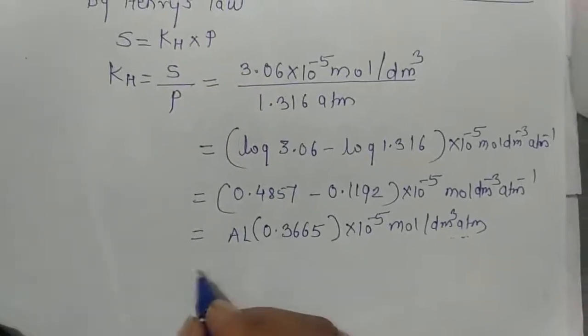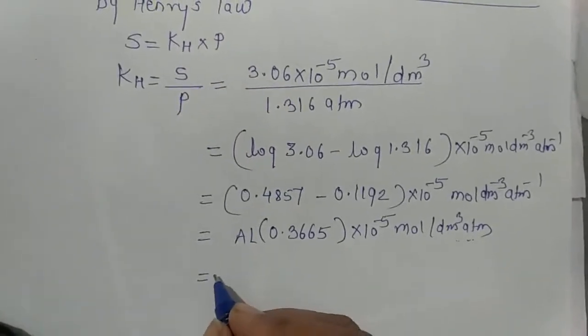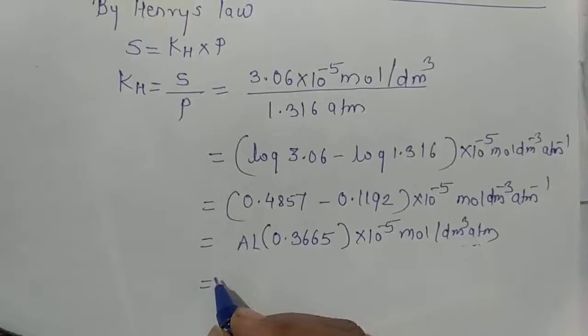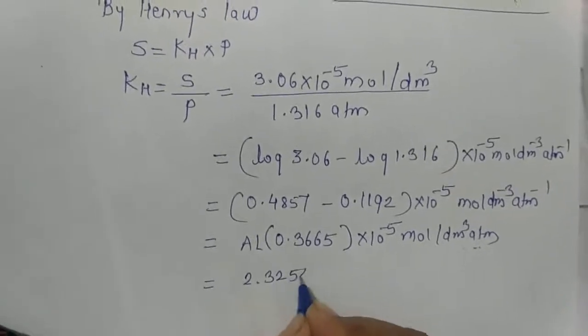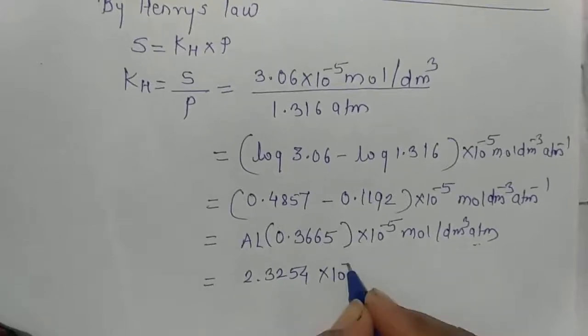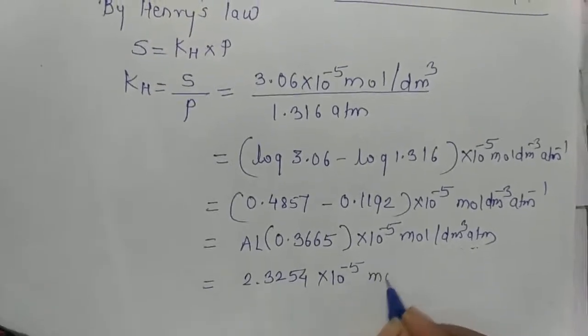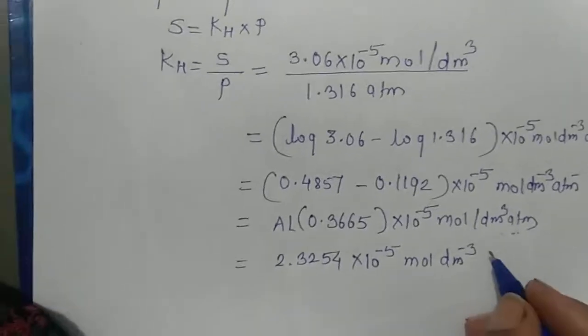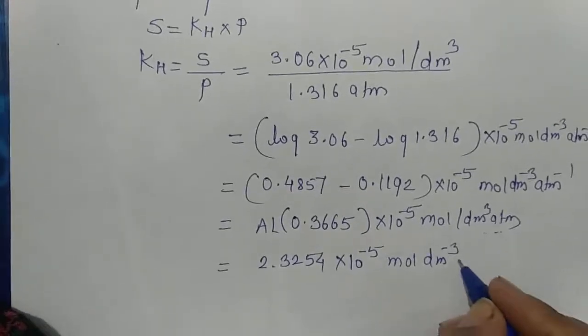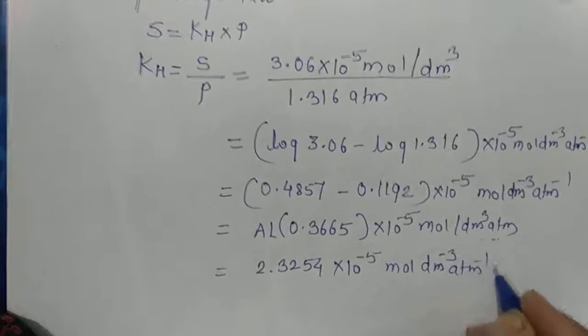So here we are getting the antilog of 0.3665. We are getting 2.3254 into 10 raised to minus 5 mole per dm cube per atmosphere.